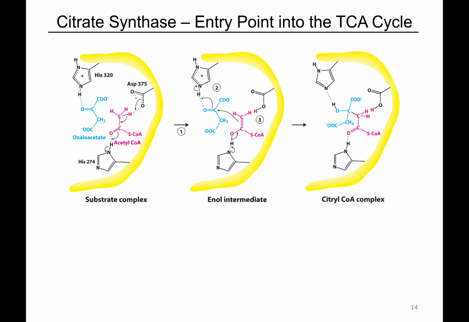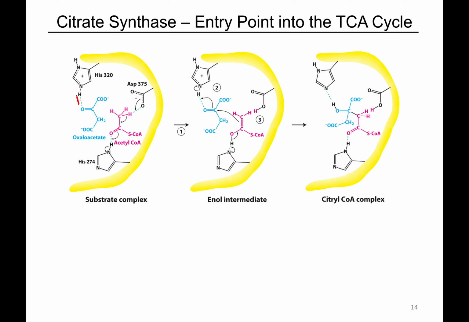We have our complex already formed where we have oxaloacetate and acetyl-CoA bound in the active site. We have three important amino acids present here. The histidine we see making a hydrogen bond with the alpha ketone, so oxygen making a hydrogen bond with the histidine. Another histidine we see is making an important hydrogen bond with the carbonyl of acetyl-CoA. And then the aspartic acid is in close contact with the beta carbon of acetyl-CoA.